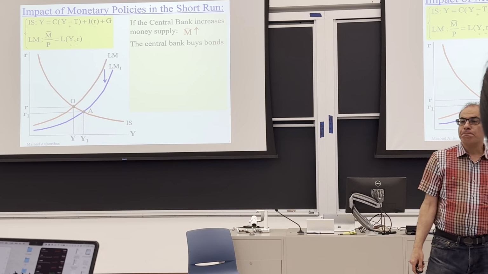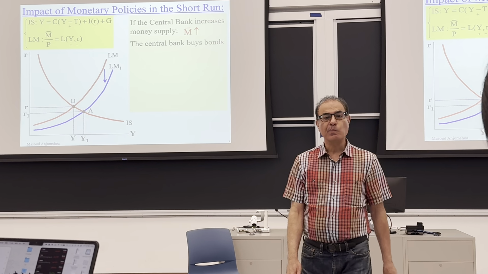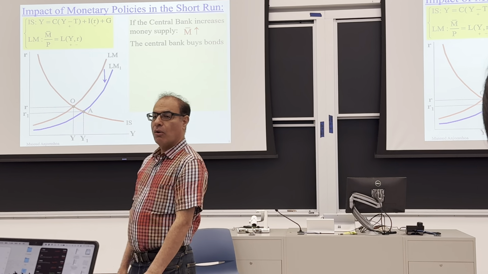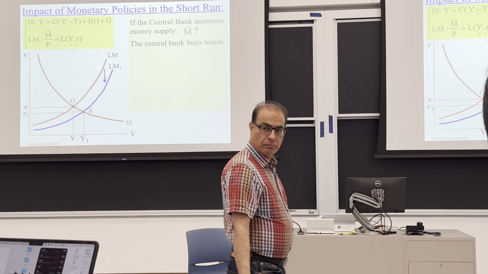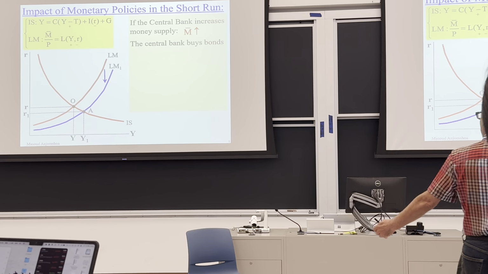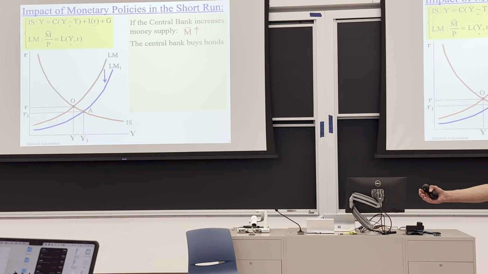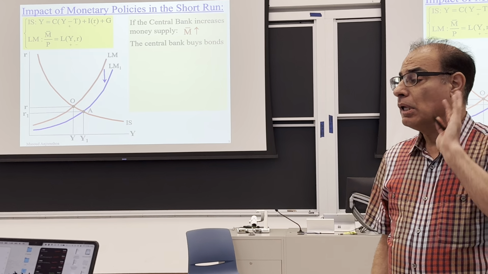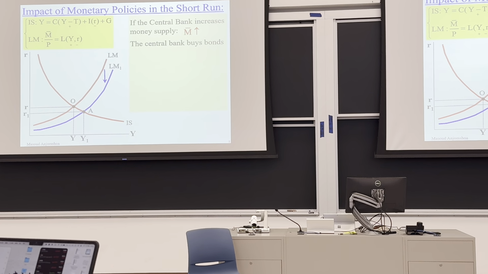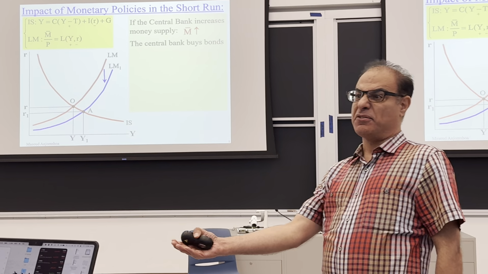What happens next? So when the central bank buys bonds, all of a sudden output goes up. Is that the story? Yes. Sorry, the price of bonds would then go up. Yeah, you see, the central bank is not me. I go to the bonds market and buy what, $5,000 of bonds?